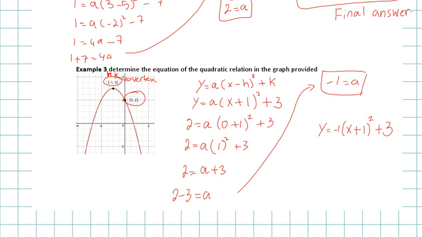Okay? It's a matter of following the steps and doing your math correctly. Now, when you find the value of a, what does the value of a of -1 tell you?